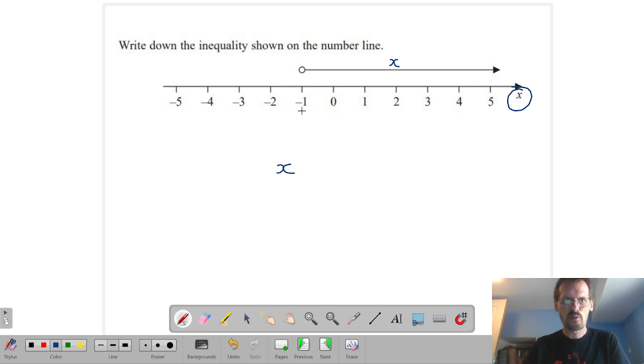It's got something to do with minus 1, because that's where the blob is. And we know the arrowhead is pointing that way. Is the blob filled in? No, it's not. So it can't be equal to minus 1, it's just greater than minus 1. So this inequality on the number line is x is greater than minus 1. Simple.